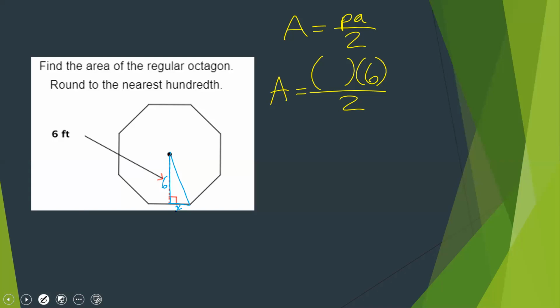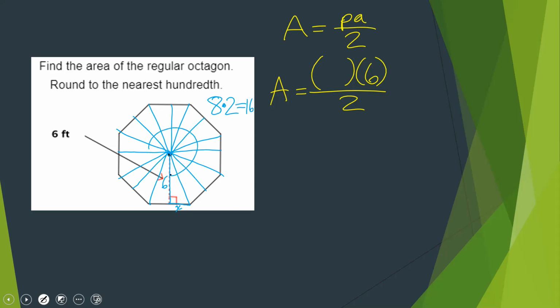Now, if I knew that this is an 8-sided shape, then I could say, I have 8 of these large triangles, or if I split it in half like I need to here to make it match the other triangle, then I have 16 of these right triangles.